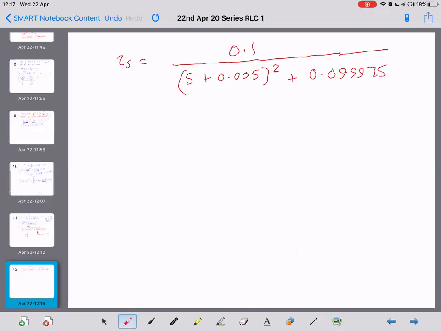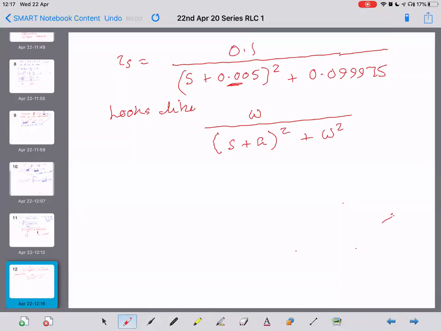That looks like omega, a constant, 0.1 as a constant, divided by S plus a constant, 0.005, squared, plus another constant, which could be omega.